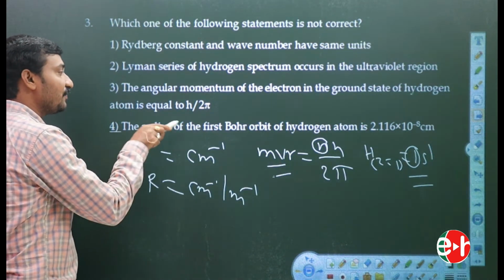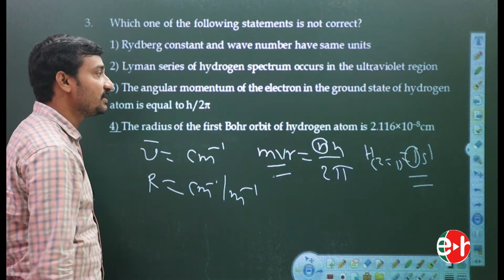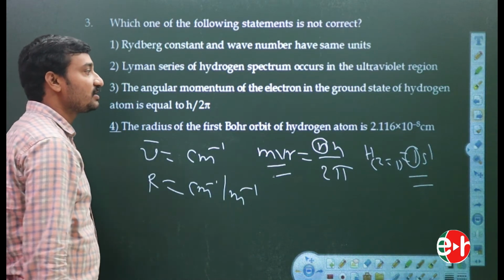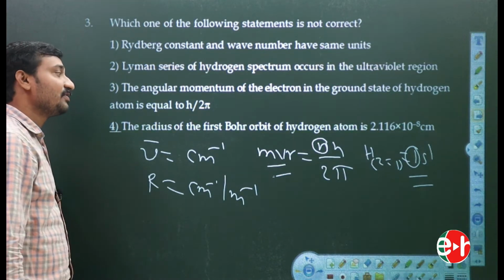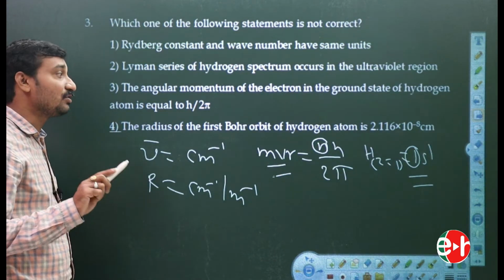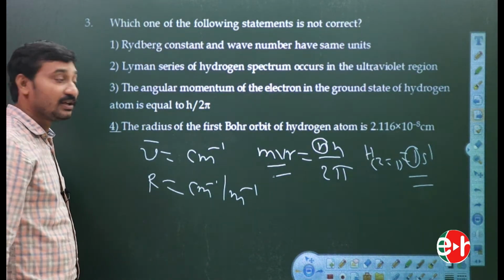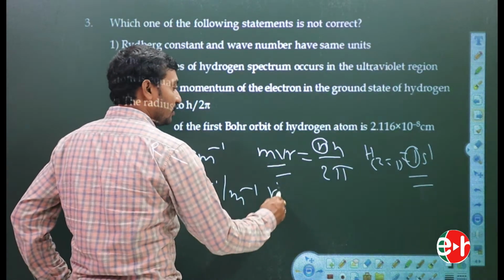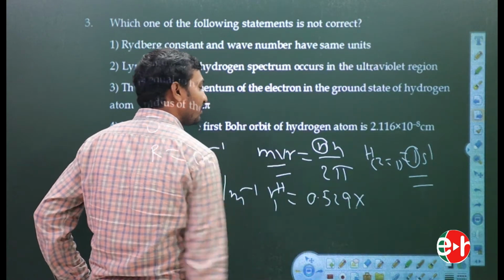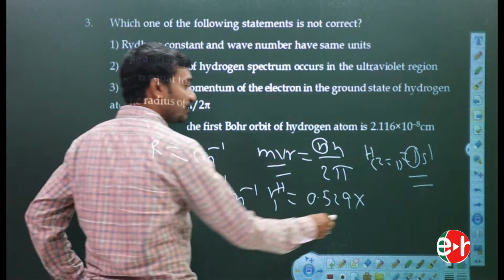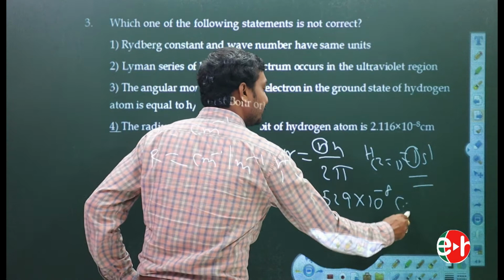The radius of the first Bohr orbit of hydrogen atom is given as 2.116 into 10 to the power of minus 8 centimeter. But the radius of the first Bohr orbit of hydrogen is not 2.116. R1 of H is equal to 0.529 into n square angstrom units. Angstrom unit means 10 to the power of minus 8 centimeters.